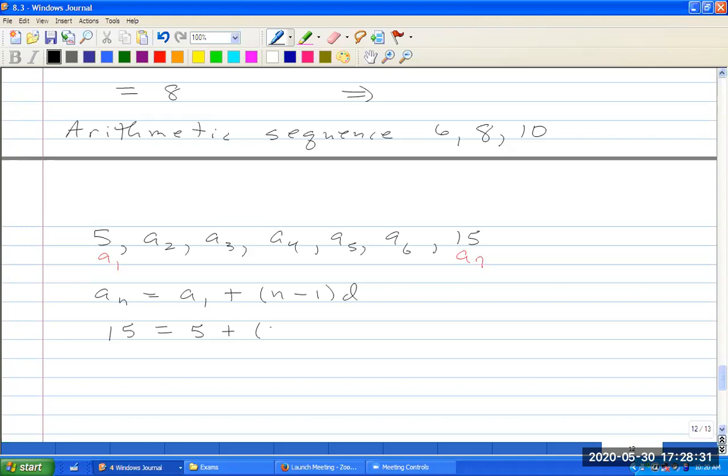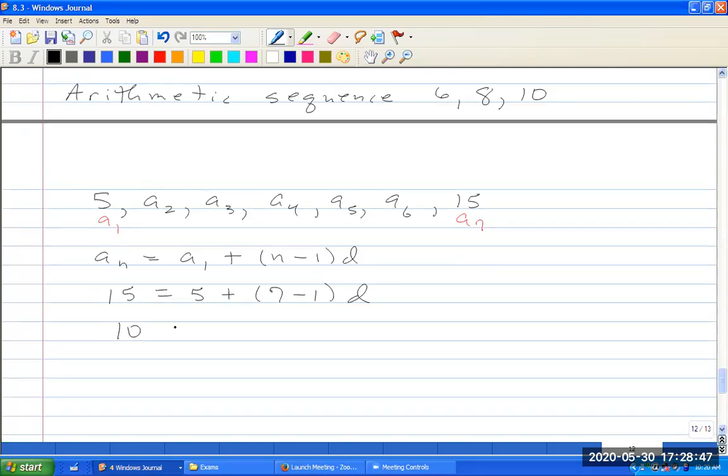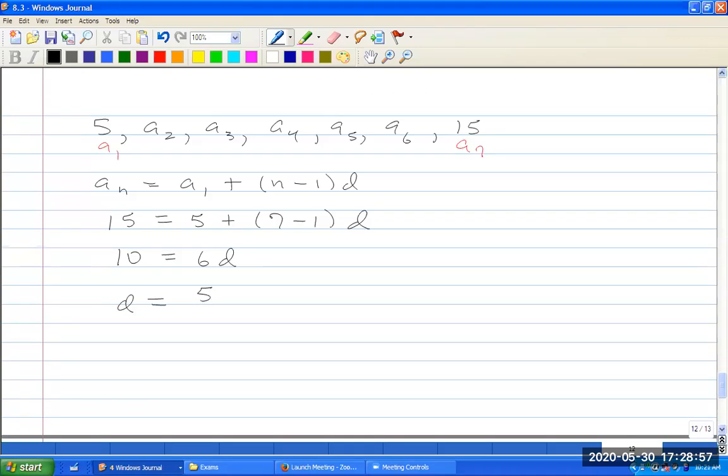I don't know what the common difference is, but knowing the common difference will allow me, since I do know the first term, to figure out every term in this arithmetic sequence. So subtract 5 from each side, divide by 6, and so the common difference is equal to 10 over 6, which is 5/3.